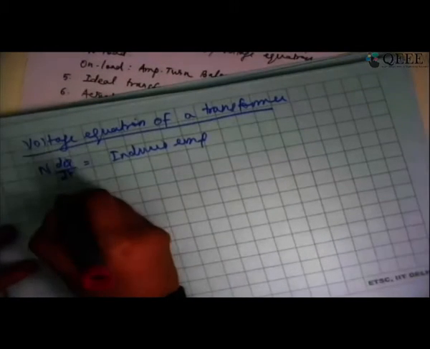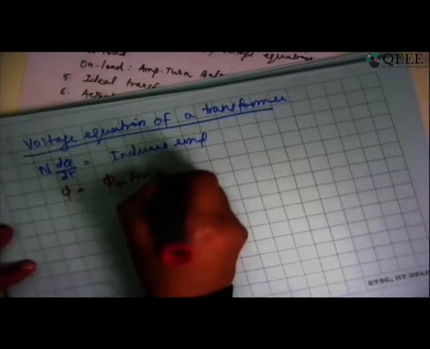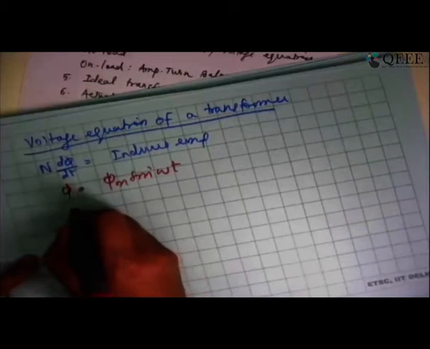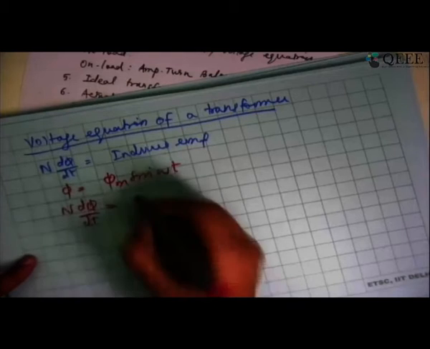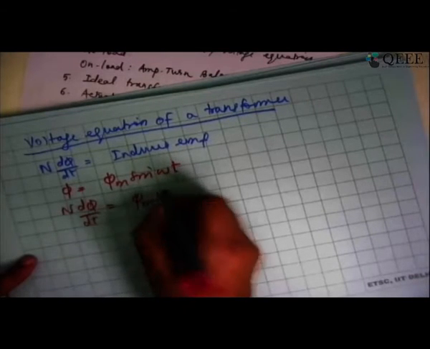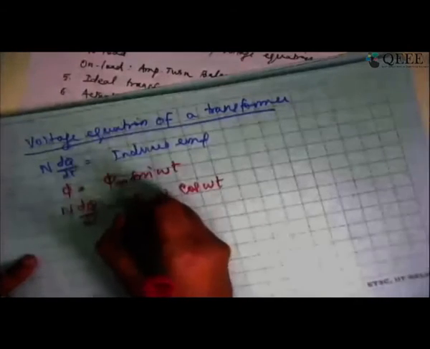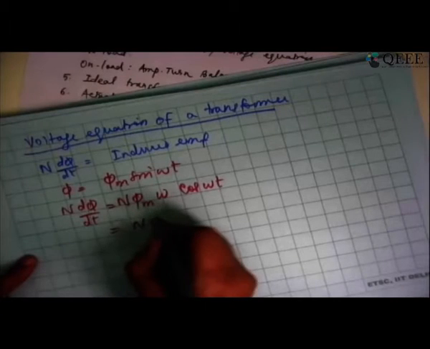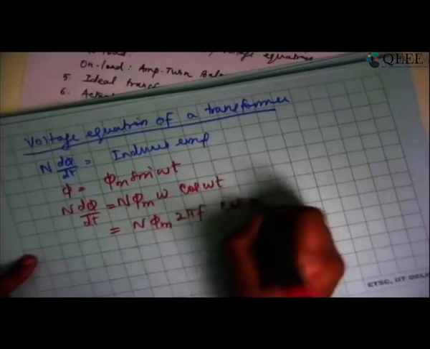Because this is equal to the induced EMF, if the flux is sinusoidal in nature, because we are actually pumping in a sinusoidal current, I can say N dφ/dt is equal to φm ω cos ωt multiplied by the number of turns. Now I can write this as N φm 2πf cos ωt.